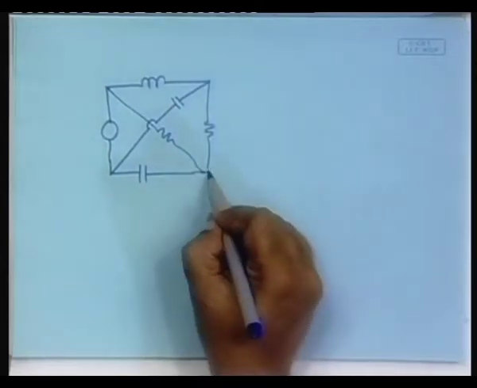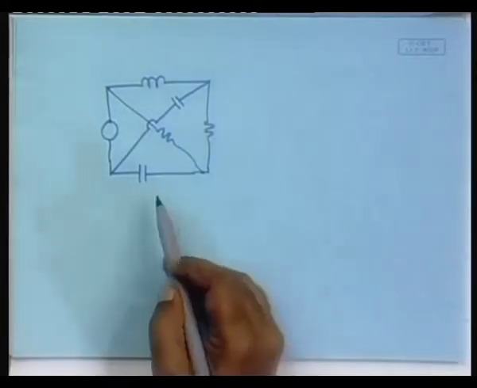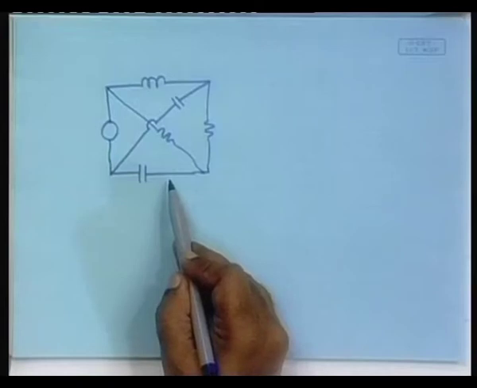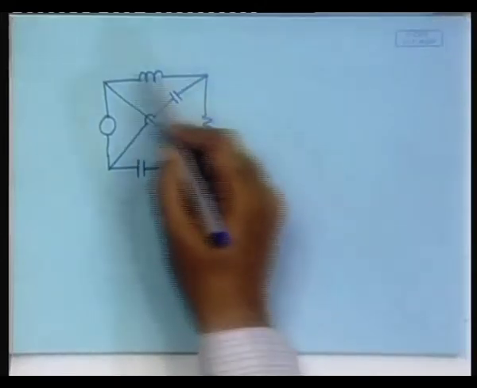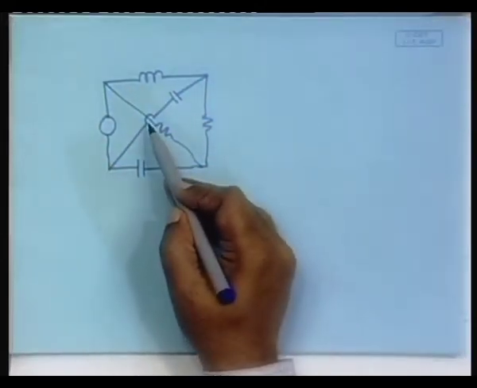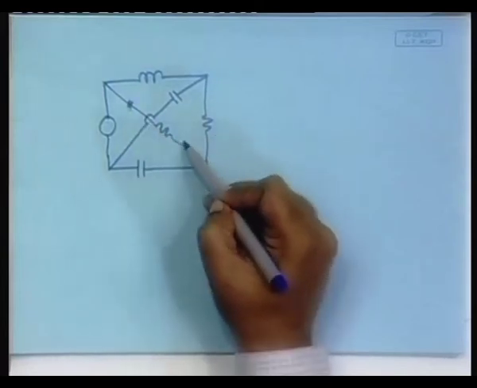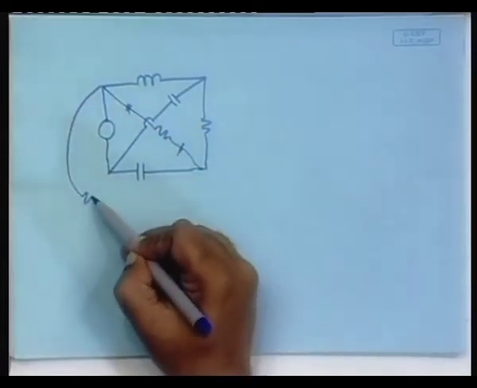Okay, will the mesh current method be applicable to this? Agreed? Yes, it will be applicable because it is not actually an overlap. You can easily break it by moving it from there.